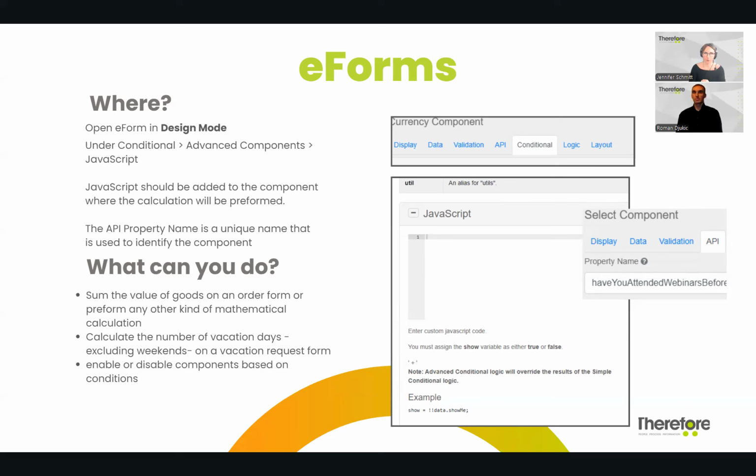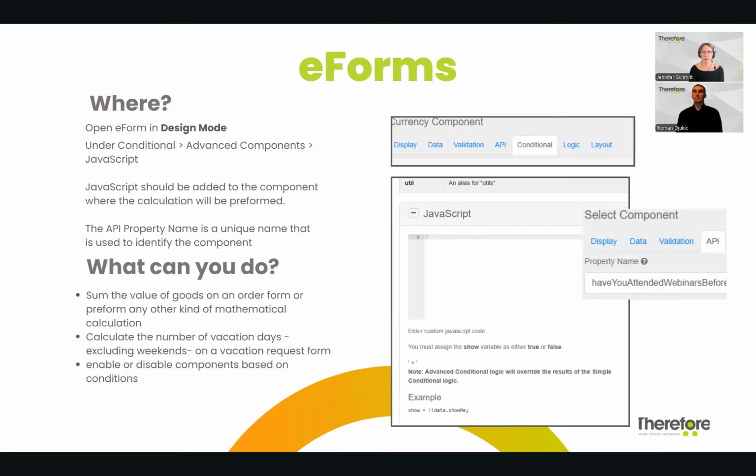You just drag and drop the different components onto the designer. And what you'll notice is if you go onto a component, for example, here, this is the currency component, onto the conditional tab, you scroll down, you can add JavaScript. So you can add JavaScript to nearly every single eForm component. When you add a component, every component has a property name which you can view on the API tab.